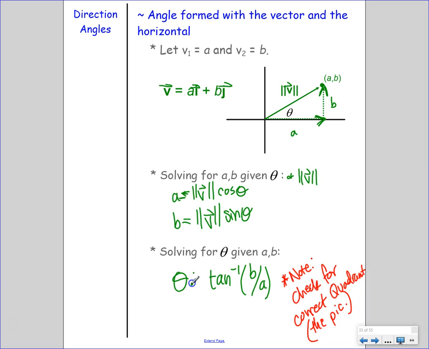So I am going to put theta colon, not equals, use tangent inverse of B over A. It might be the exact answer, or it might be something that you need to use by adding to 180, subtracting from 180, etc. So, quick warning, good thing to highlight or star: we're going to be using tangent inverse, but it might not always be the answer, but somehow we can use it to find the data that we need.